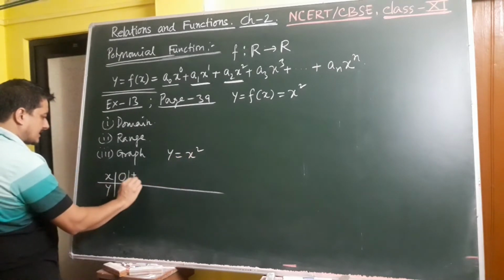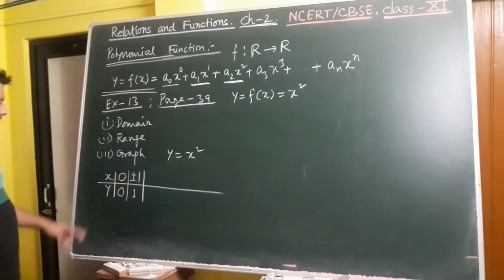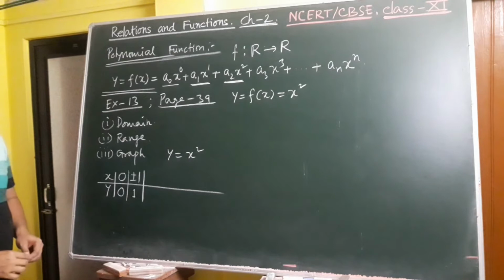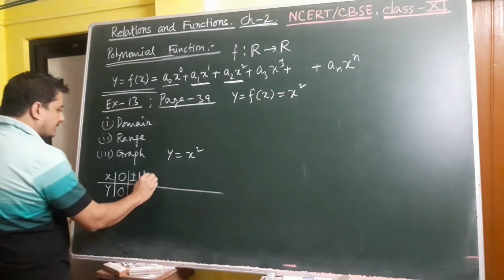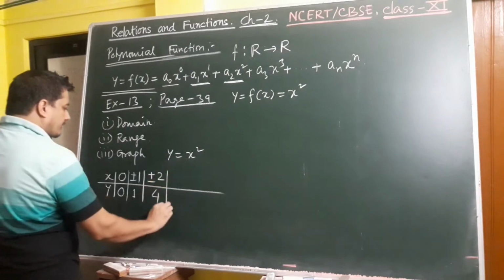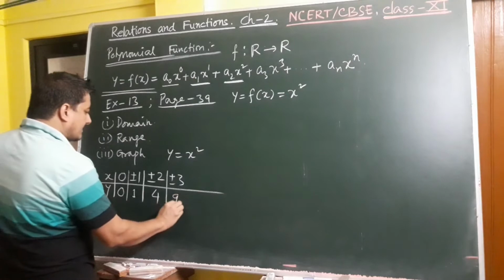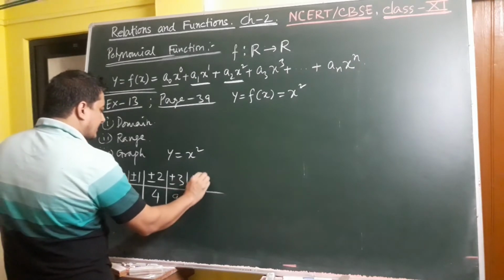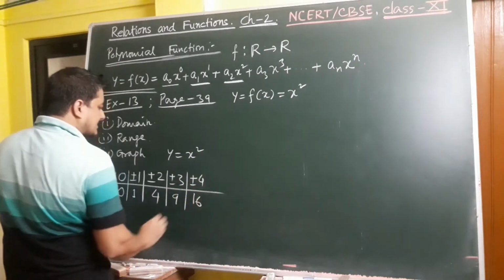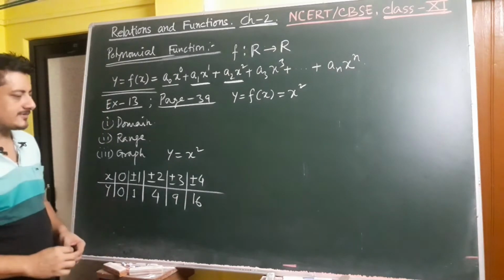So for plus minus 1, this will be 1 only. Then for plus minus 2, it will be 4. For plus or minus 3, it will be 9. Then for plus minus 4, it will be 16. All the terms are positive.